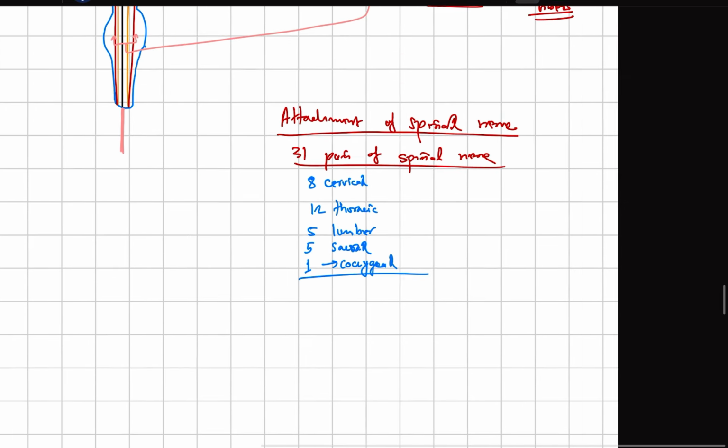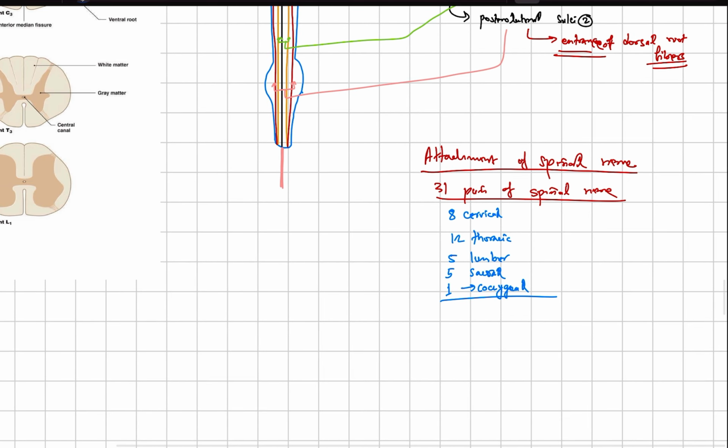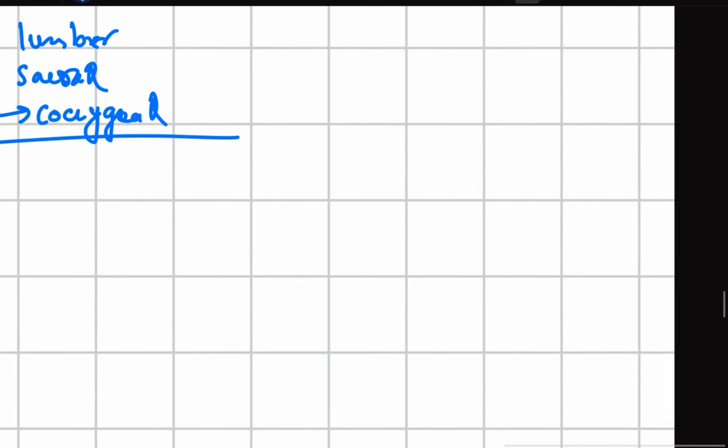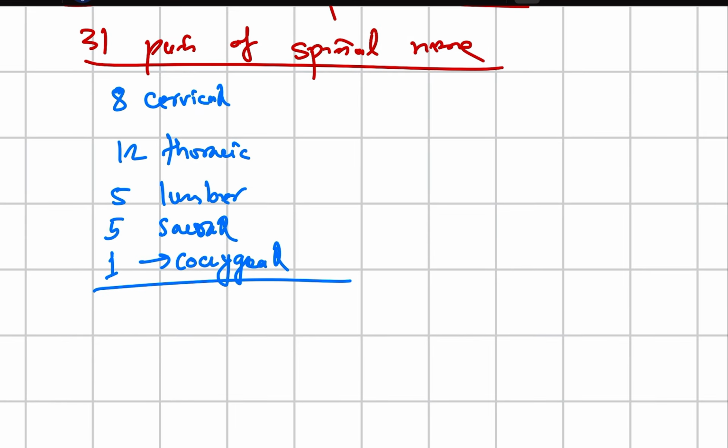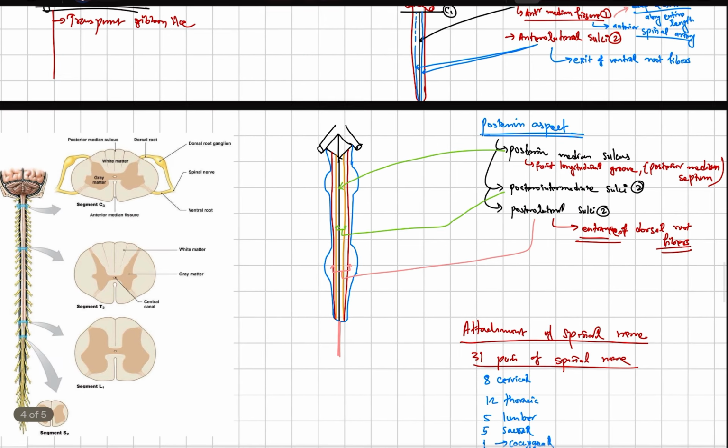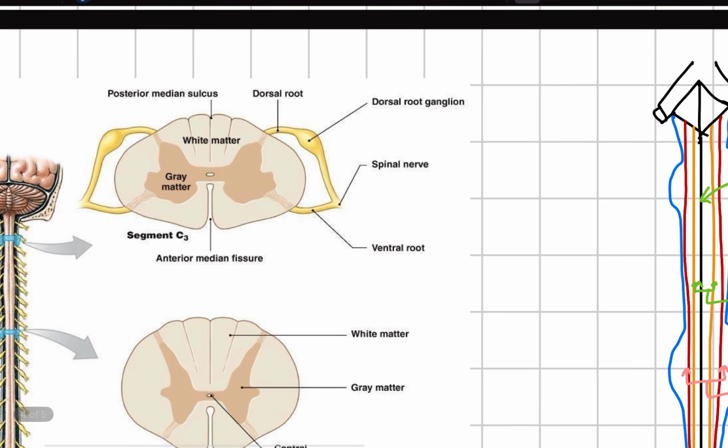These are the nerves which originate from the spinal cord, and each spinal nerve is attached to the cord by 2 roots. Looking at this image, this is the anterior median fissure and this is posterior. There are 2 roots, the dorsal root and the ventral root.